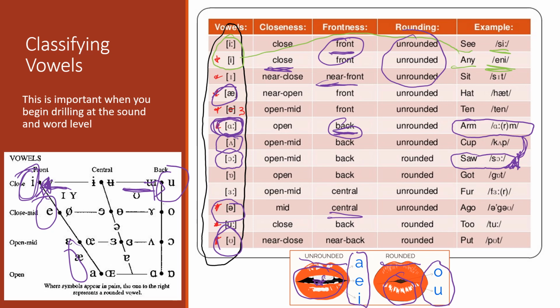If it doesn't come naturally for you, if you're having a hard time with the E sound, if you're having a hard time with the ah sound, oo sound, then by all means come back to this slide and try to figure out, okay, am I actually rounding? Is the middle portion of my tongue actually near back? Is the closeness of my mouth really near close, or is it a little bit more open? So yeah, let's go on to this next slide.